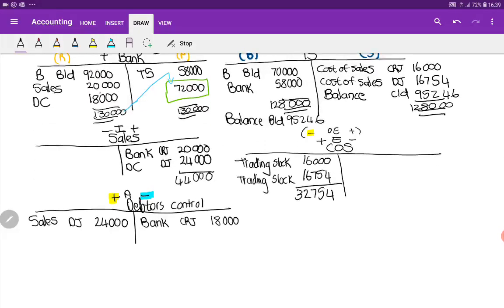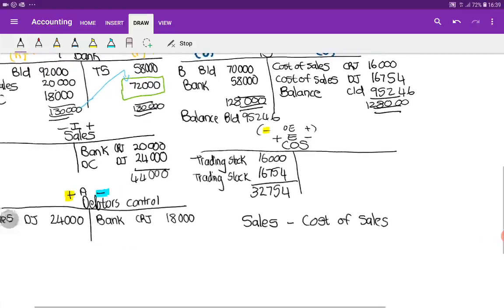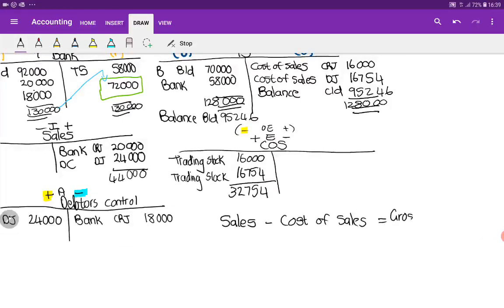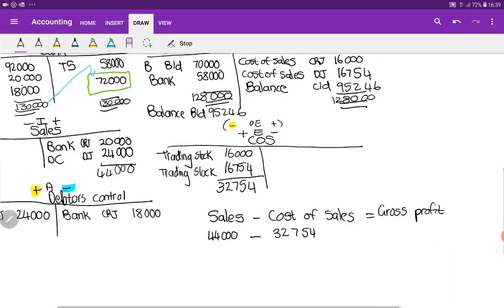This is one of the reasons why we show the cost if goods are sold, not only to keep track of our trading stock, but now we can look at our total sales minus our total cost of sales equals our gross profit. So if our total sales is 44,000 minus the total cost of sales, it means that we made a gross profit of 11,246.